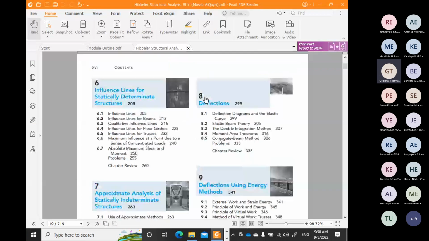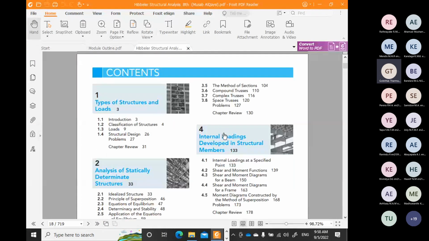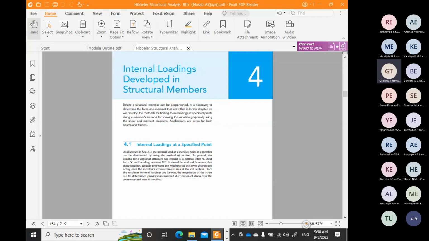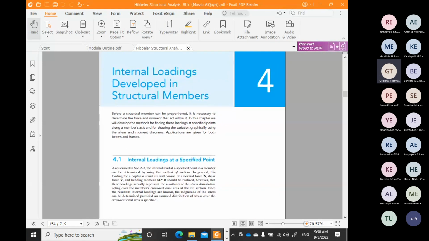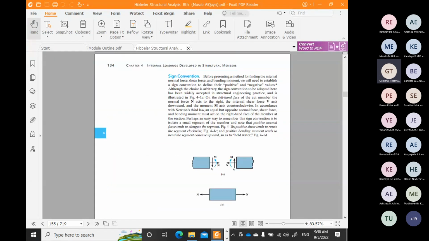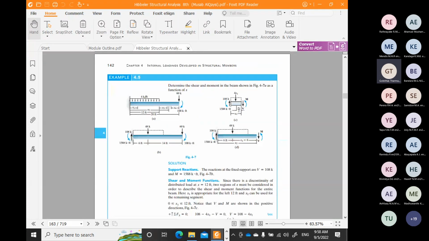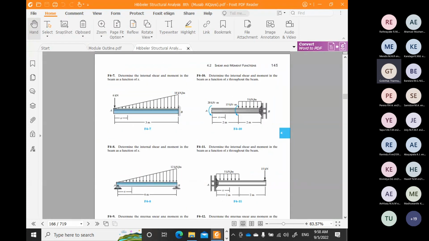So if we go to chapter 4, so we have come across ways of analyzing beams.